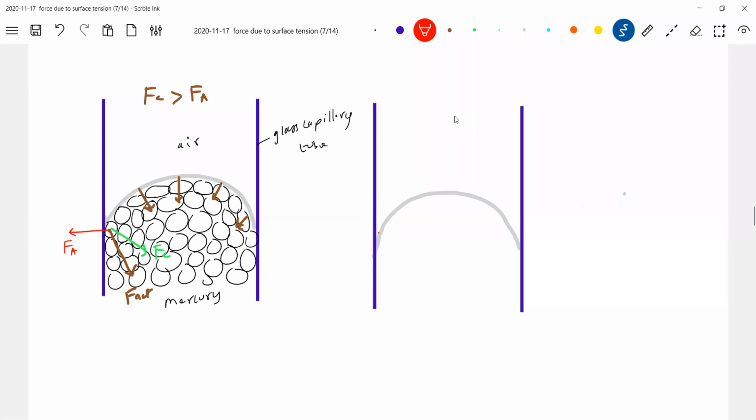The mercury will exert force on the glass like this, and in turn, the glass will exert force on the mercury in this direction. And what is the angle of contact? We define this as the angle of contact. Try to see the arrow. This is the mercury. This is the air. This is the glass.